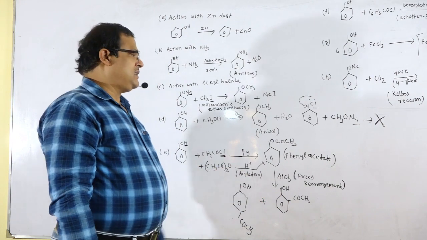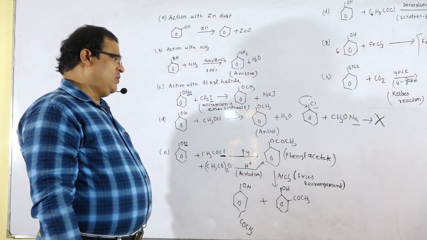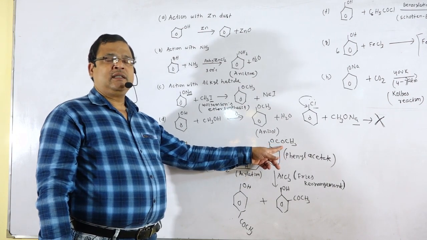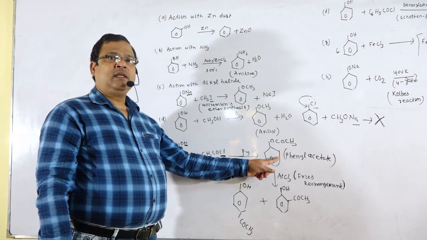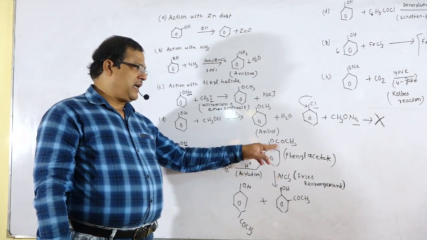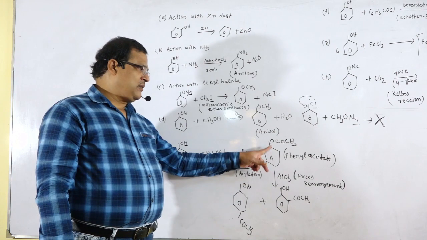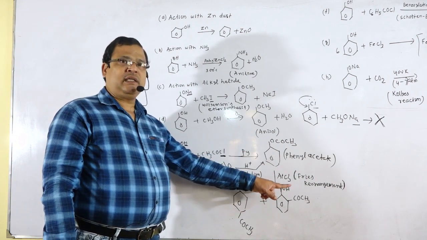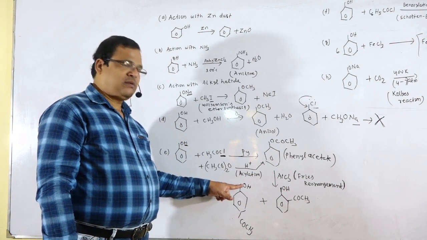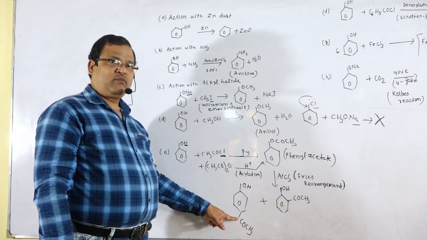So what is the Fries rearrangement? When phenyl acetate is treated with AlCl3, the reactant gets rearranged. So there is the formation of orthohydroxy acetophenone as the major product, and some amount of parahydroxy acetophenone.